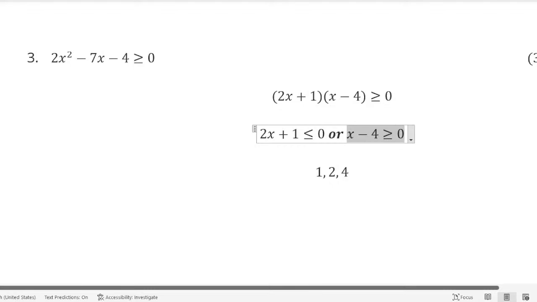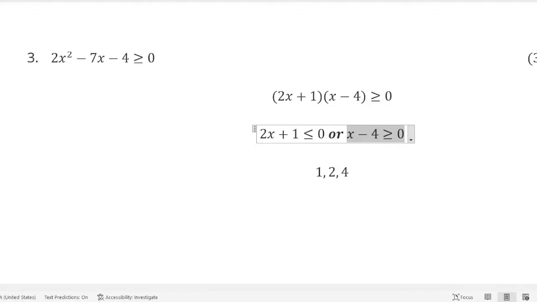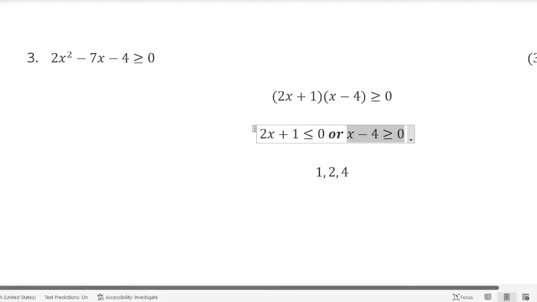So we're saying x is less than the lesser number, or x is greater than the bigger number. So that's why we have here 2x plus 1 is less or is equals to 0, or x minus 4 is greater or equals to 0.